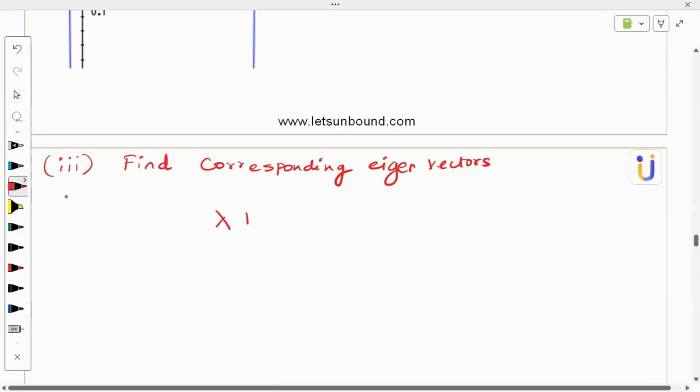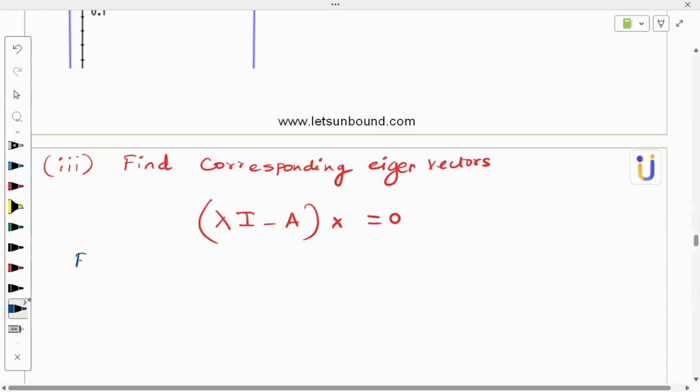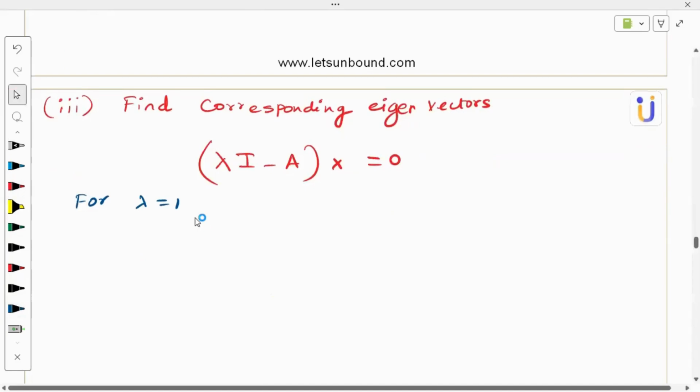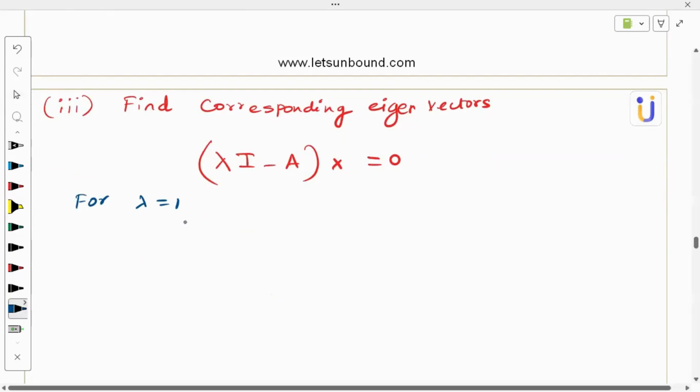This is the formula: lambda I minus A times the x vector equals 0. We know lambda. So when lambda equals 1, what is the respective eigenvector? There are infinitely many. You can just list one or you can list many. So I'm going to list one.